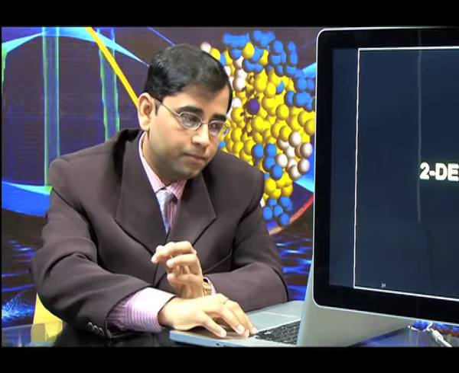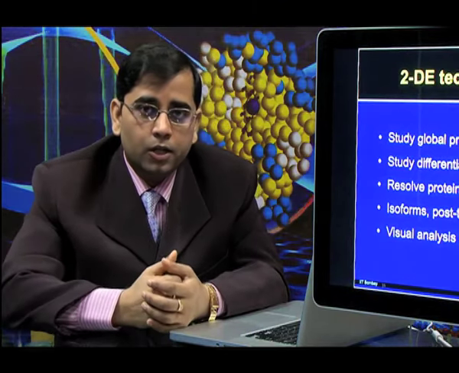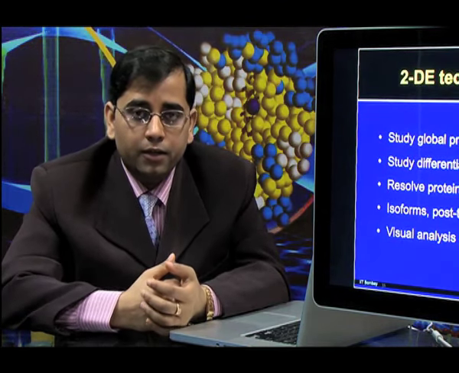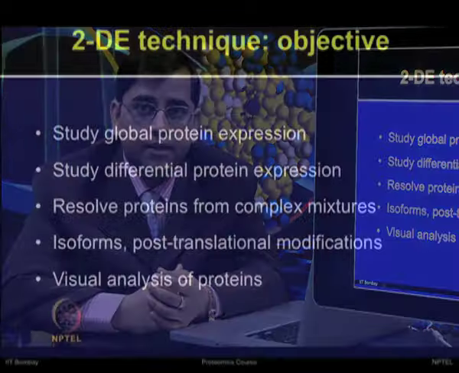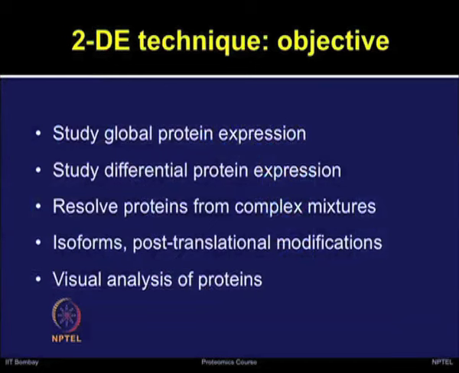So, now let me give you a few applications one can use by applying this technique. People apply 2D for various objectives. For example, studying the global protein expression. When I say global protein expression, it means you want to identify or separate all the proteins present in a given protein sample.